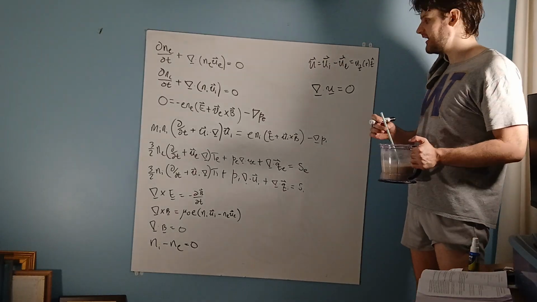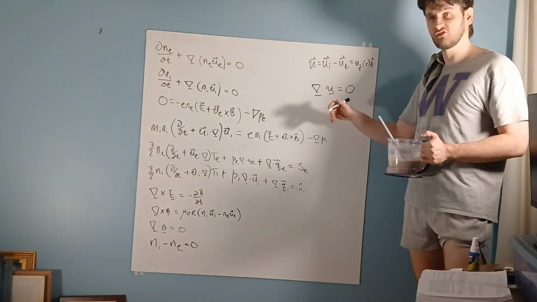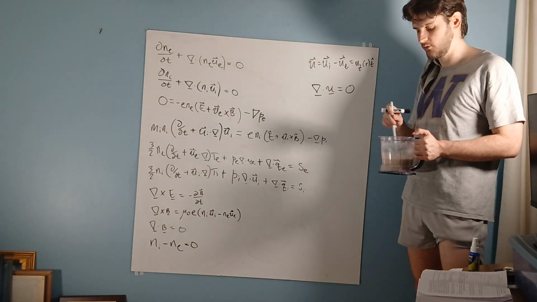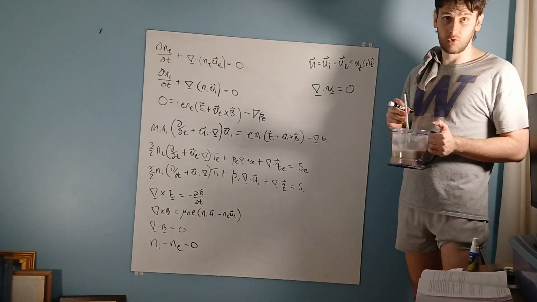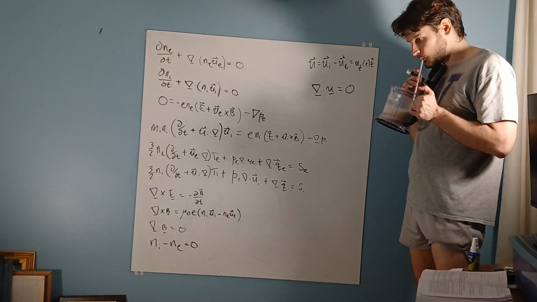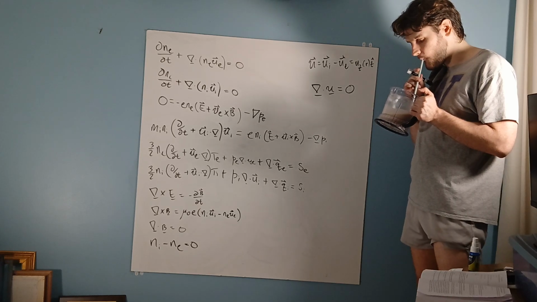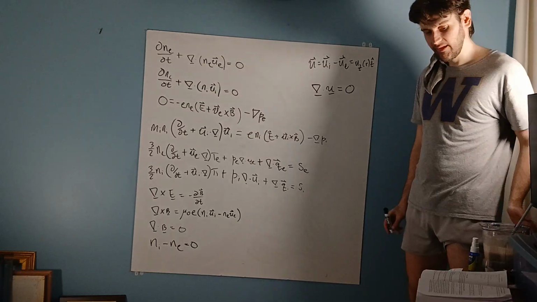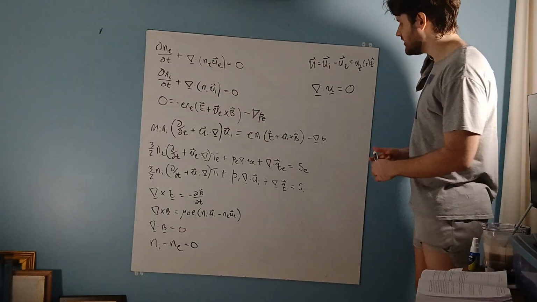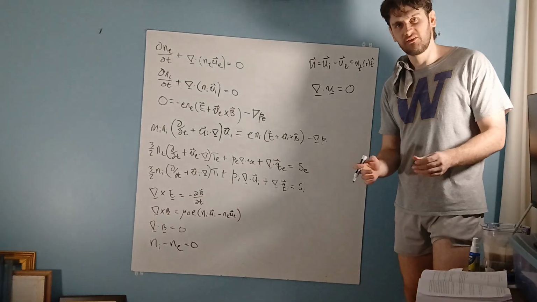Compressible flow is when there is some kind of source, some kind of density term, for example, on the right-hand side. And that makes things much more complicated. The great thing about Z-pinches is that they are incompressible.